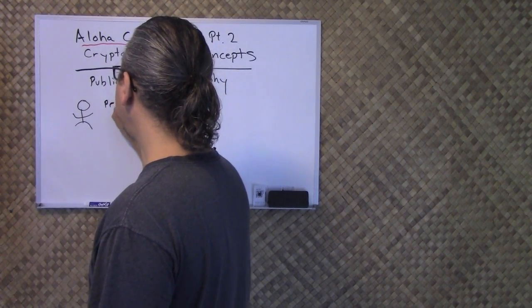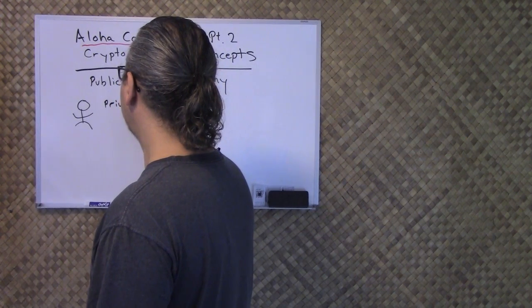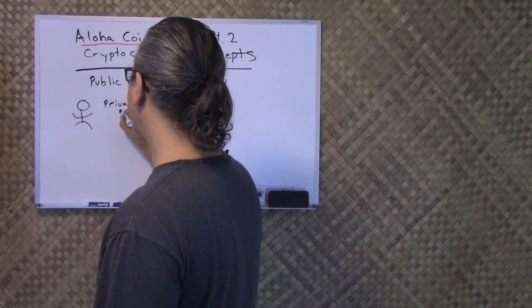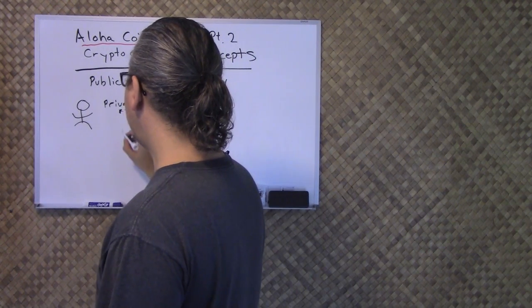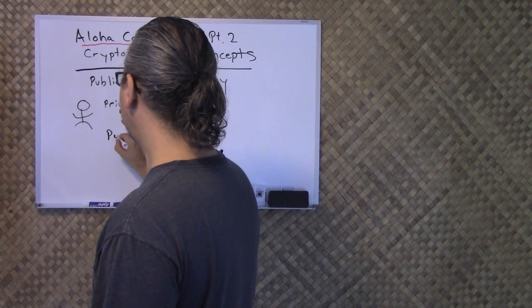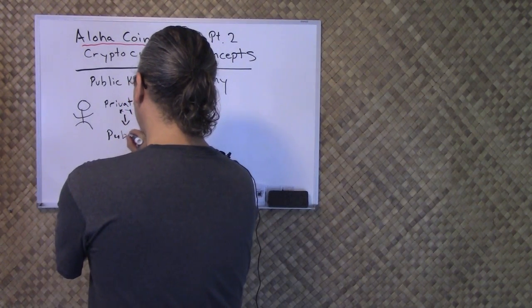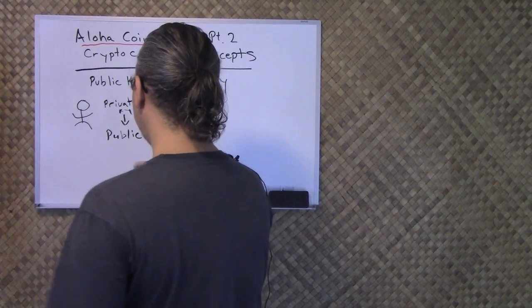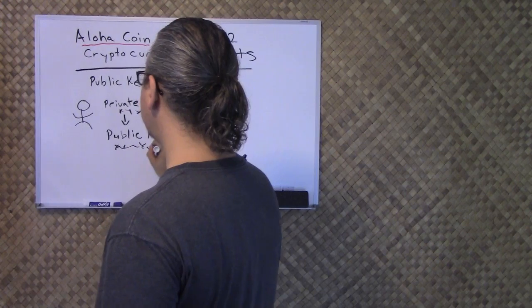I generate a private key, which is like a string of numbers, and there is a matching public key, which is also a string of numbers. Okay.